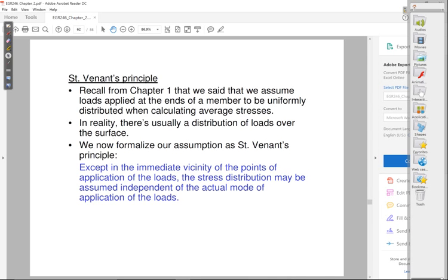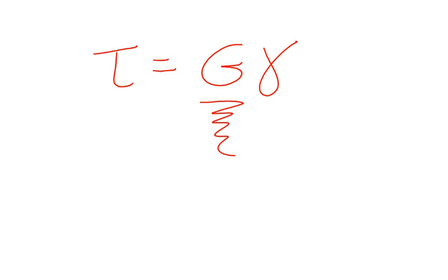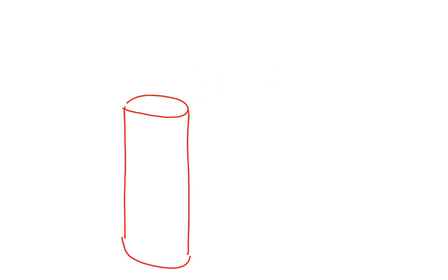If you recall from the very first lecture, I said something along the lines of: when you have a long structure, like some kind of a rod, that's in tension or compression, let's say I'm putting this rod in tension by pulling at a point. Even if I apply this force at a single point, by the time I get far enough away from that point, that force is evenly distributed across the cross-sectional area.